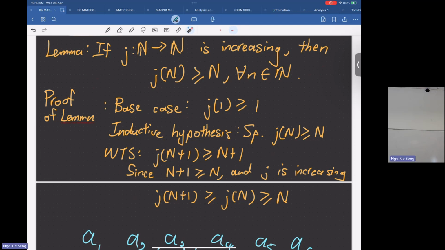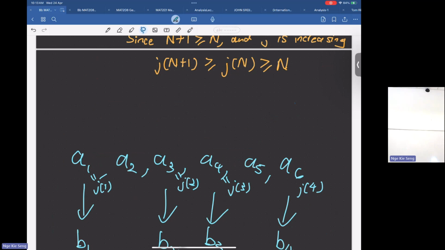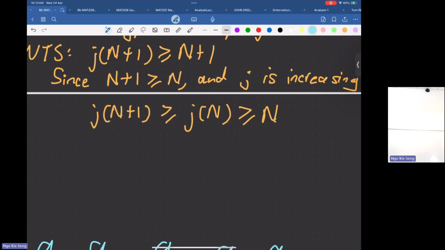Okay, so let me write down. I also don't know, you also don't know, so we have to do it from scratch. So there are two cases here. Case 1, Jn+1 greater than n.